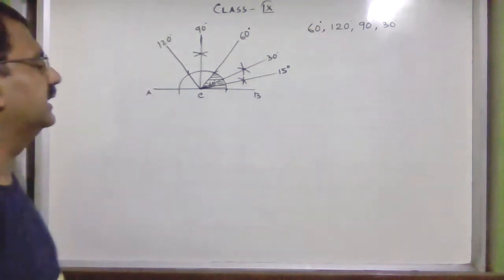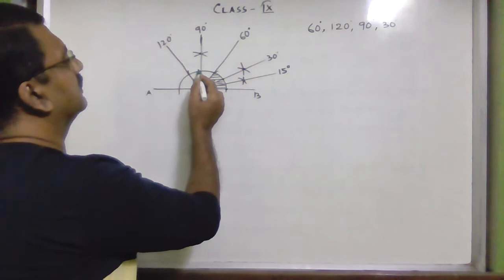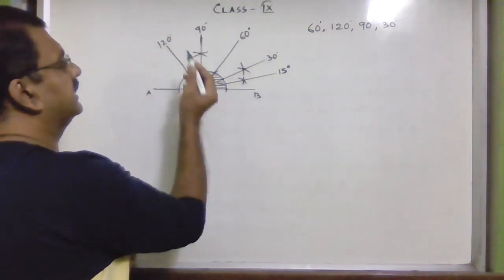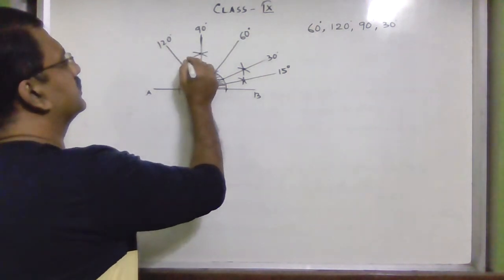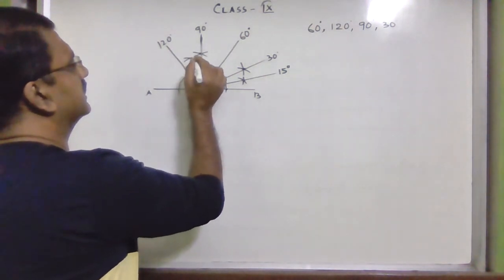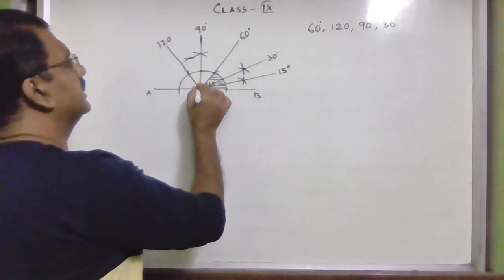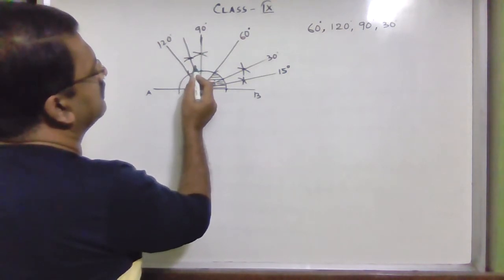Clear? And here you see, if you bisect between 90 and 120, this is 30. Taking this point as the center you draw an arc, then taking this point as the center you draw another arc. The point at which the two arcs cut each other, you join it with C. So when it is bisected, this angle will be 15.